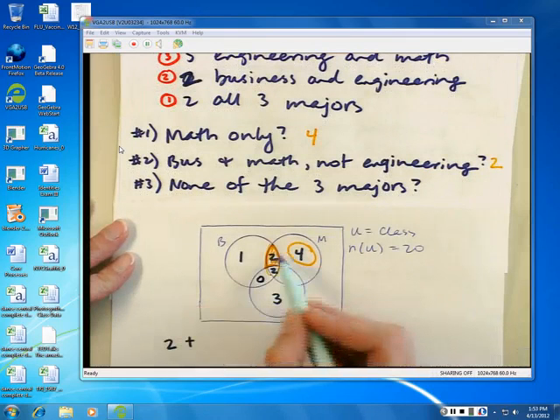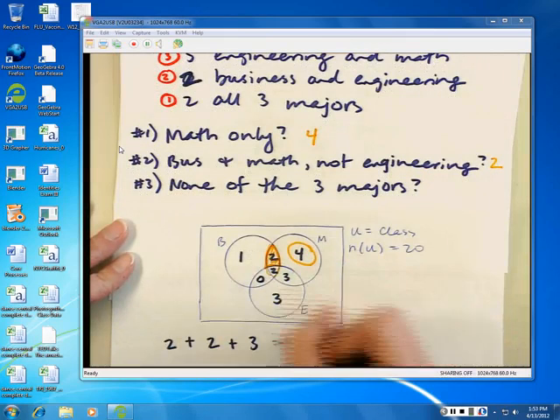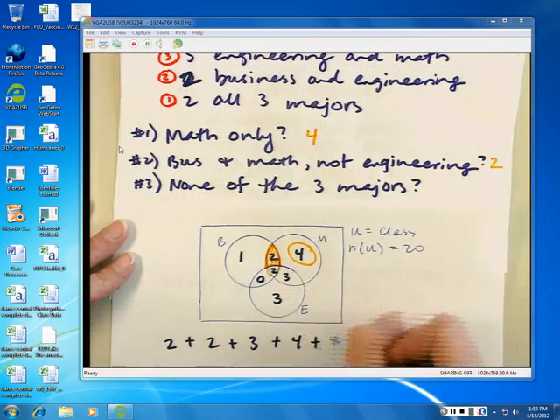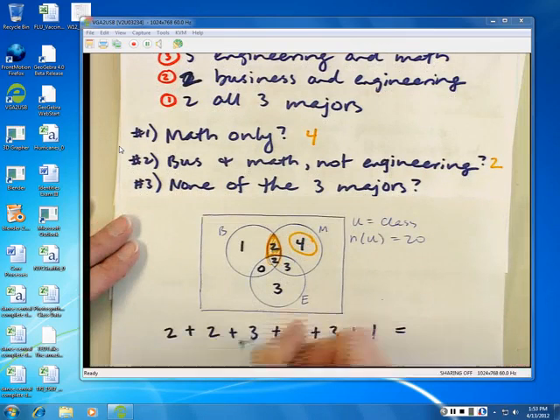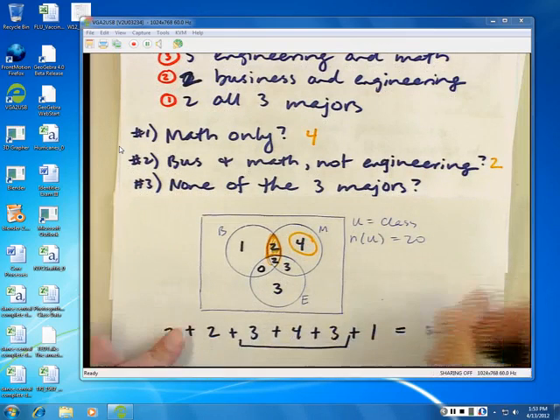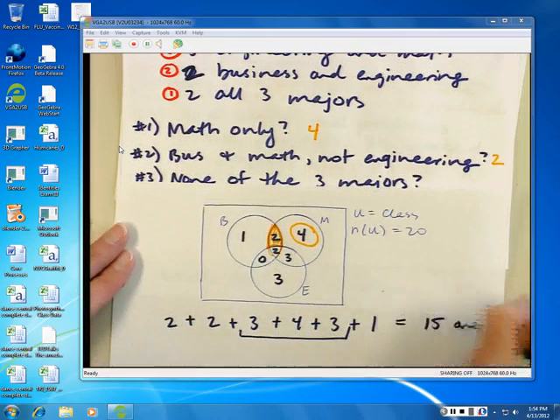In my intersections, I've got 2 plus 3 plus 0, so 2 plus 3. And then along the outside, I have 4 plus 3 plus 1. So if I add these up, there's a 10.